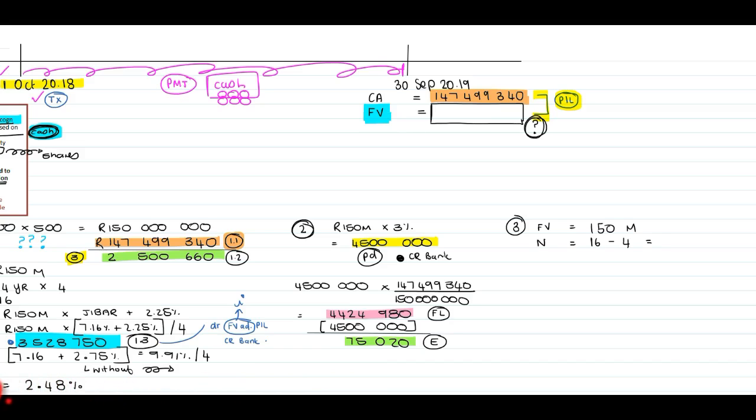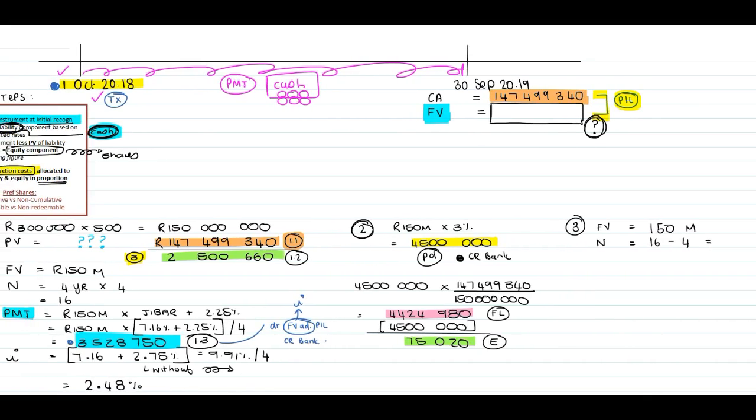Because remember, on initial recognition, when you look at your timeline, guys, on the left side, on 1 November 2018, we had 16 payments, okay? So 4 payments were made, therefore we now have 12 payments remaining. Therefore, our N will be 12. You with me on this?